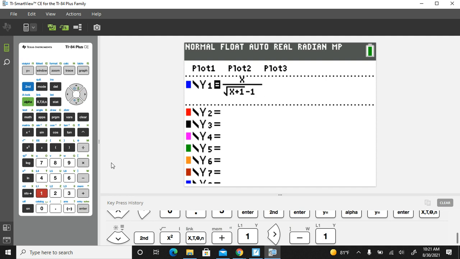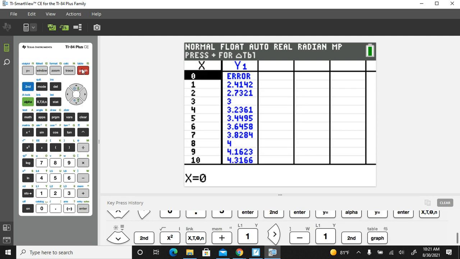All right. So now, if you go to second table, or second graph rather, it will take you to this table. Well, that's all well and good, but this only has whole numbers, right? We did want -1, which we already have on there. We also wanted +1, so 2.412.